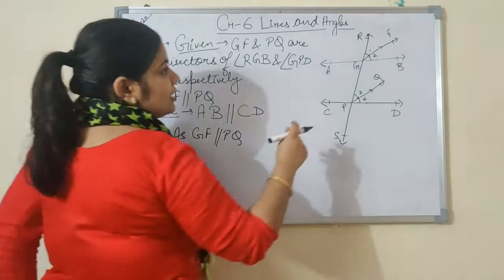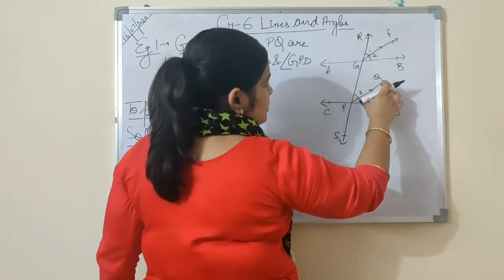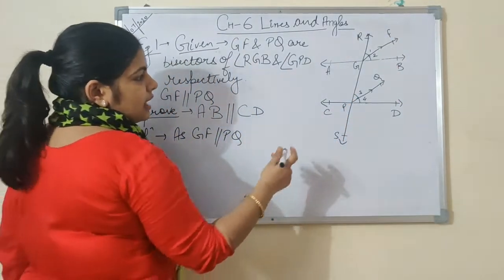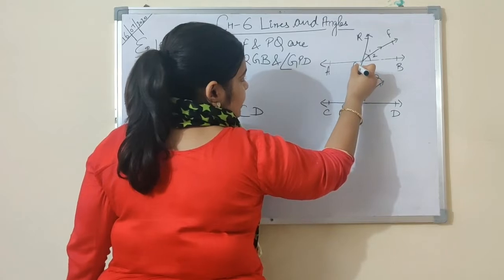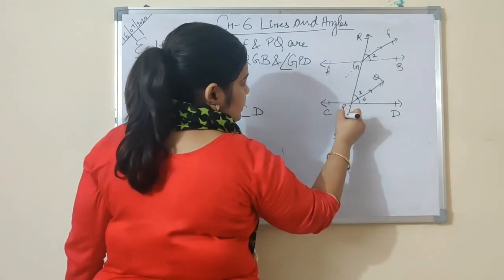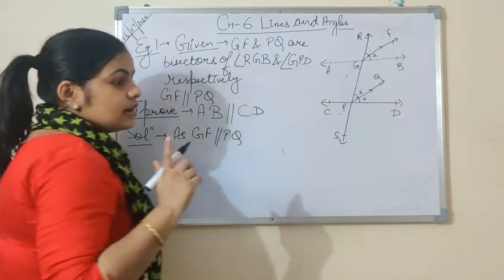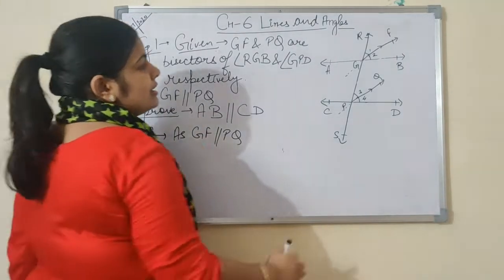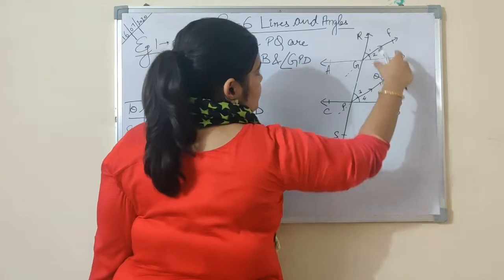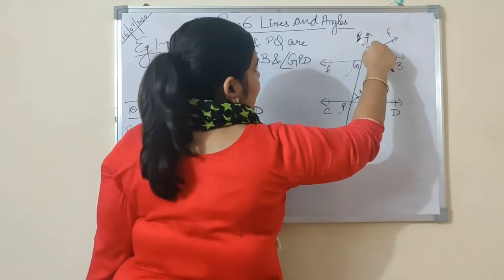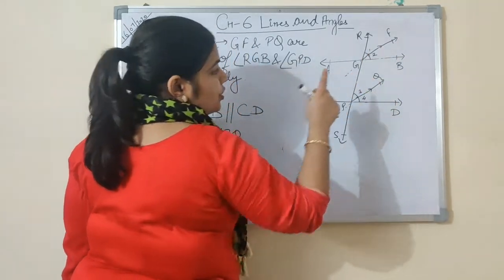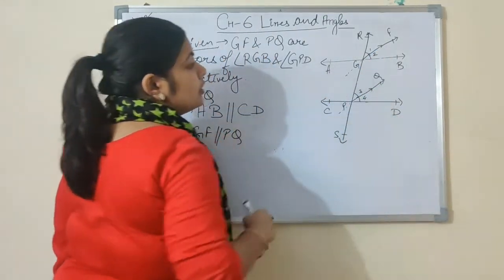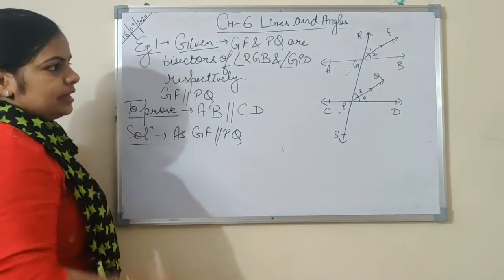Now listen, you can see here that GF is parallel to PQ and RS. If I extend it like this and like this, then RS is acting as a transversal line over here. So, as GF is parallel to PQ, then angle 1 is equal to angle 3 because of corresponding angles, and angle 2 is equal to angle 4, again because of corresponding angles.